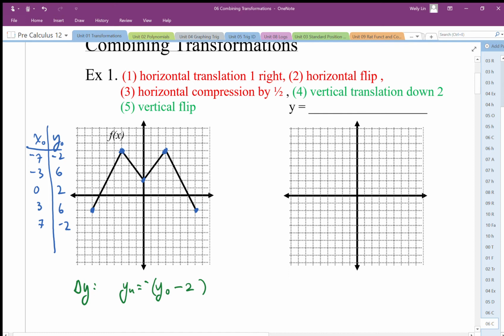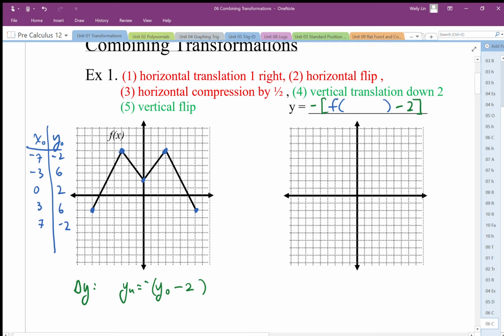Since the y's are fairly straightforward, I'm going to actually show my function notation as well. So here's my f of x. Just going to leave some space for my inside transformation. And then -2 first, so I need brackets and then flip afterwards.